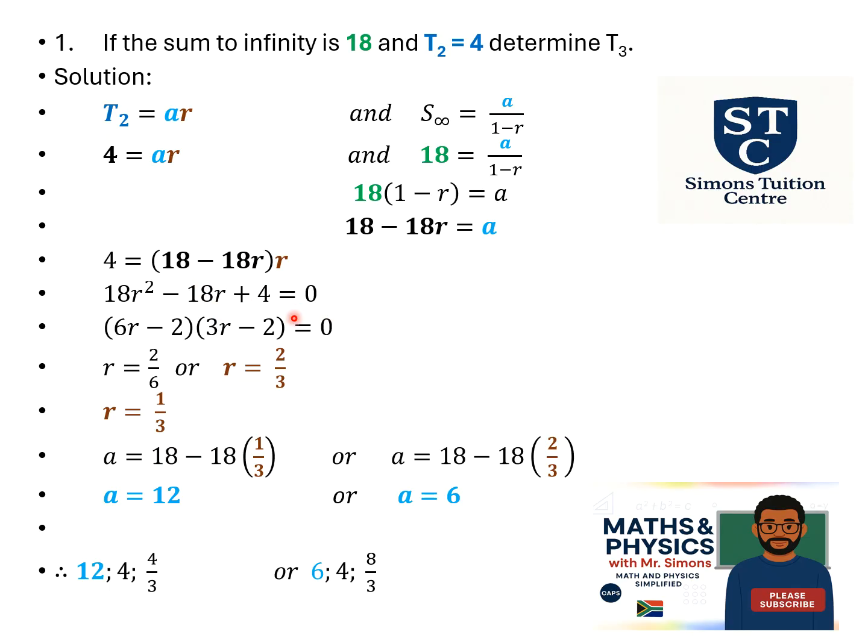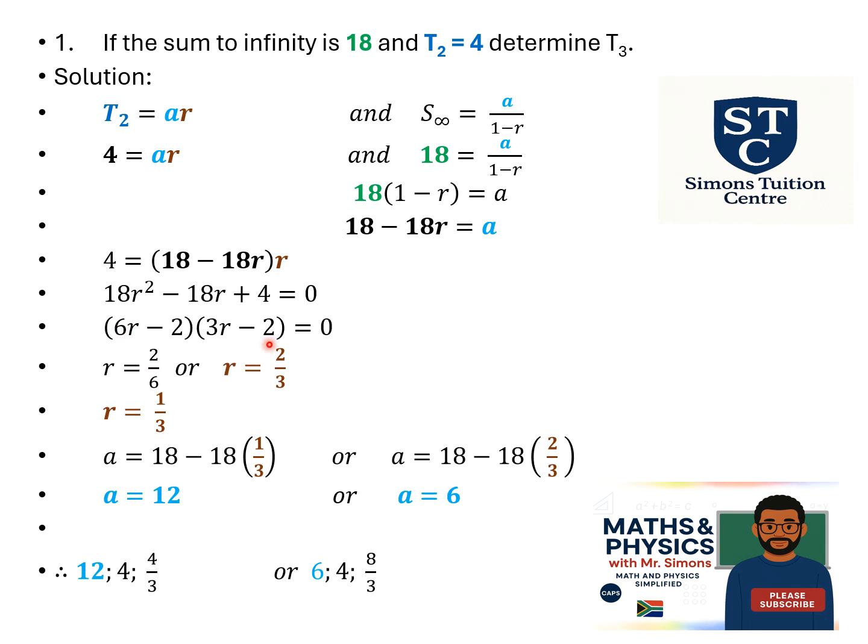If we factorize, factors of 18: 6 times 3, so 6r times 3r gives me 18r squared. Factors of 4: I'm using negative 2 times negative 2, which gives me positive 4. Multiplying the outer, 6r times negative 2 gives me negative 12r, and minus 2 times 3r gives me negative 6r.